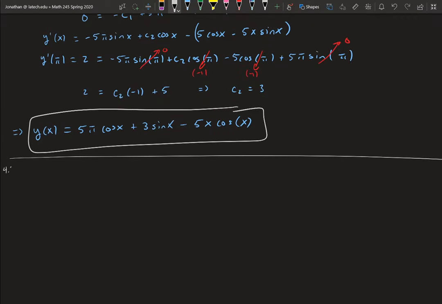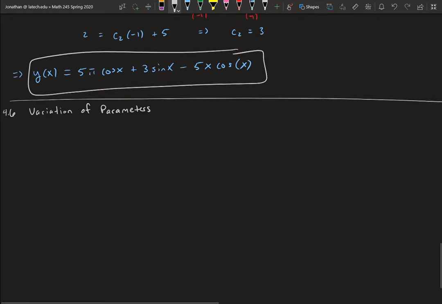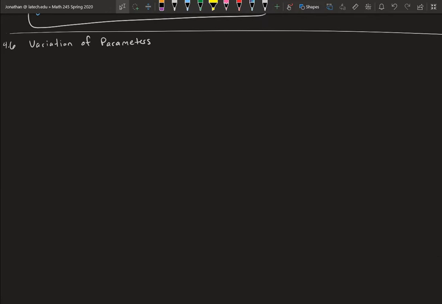So 4.6 is the variation of parameters, and this is a very common solution technique in differential equations. That's actually how you derive the integrating factor. But we're not going to do that derivation from chapter 2. We're just going to do this derivation here in chapter 4.